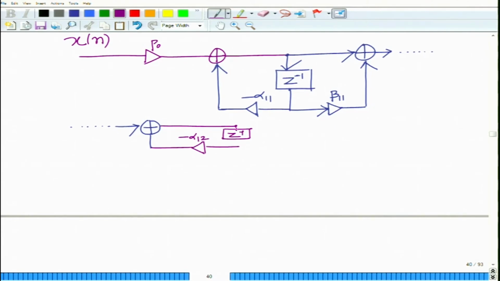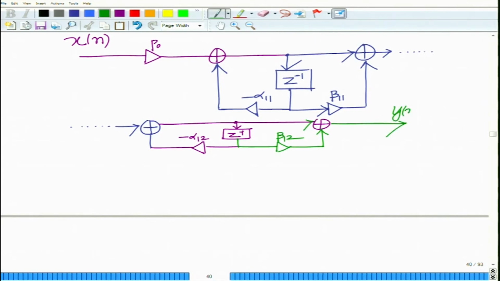Similarly, you will have another adder here, and this gain is beta 1 2, and this is the adder, this is the output y[n], and you will have another term that is z inverse.